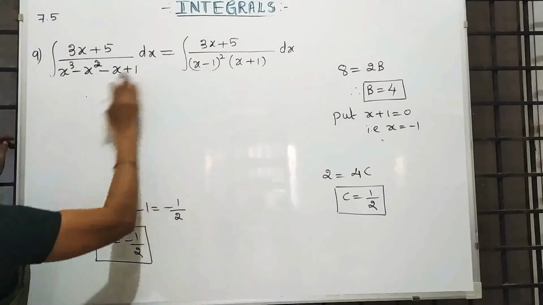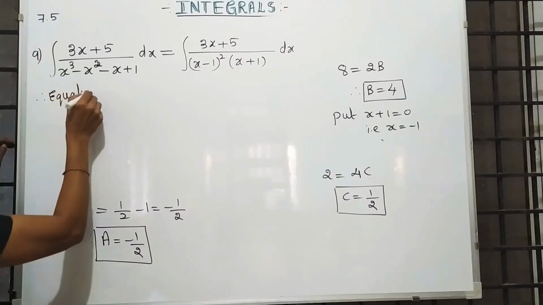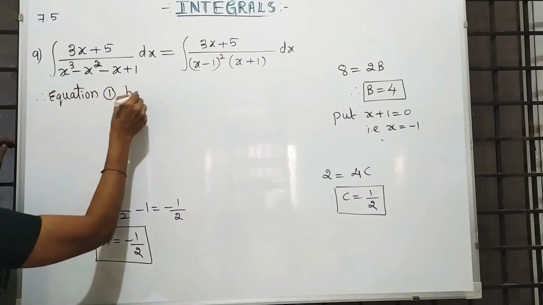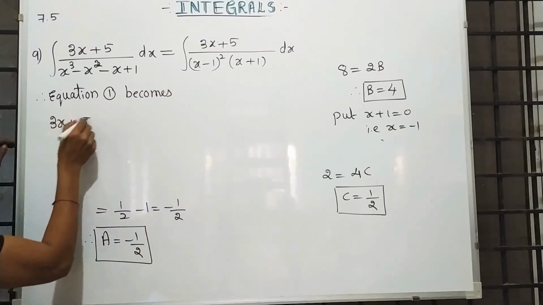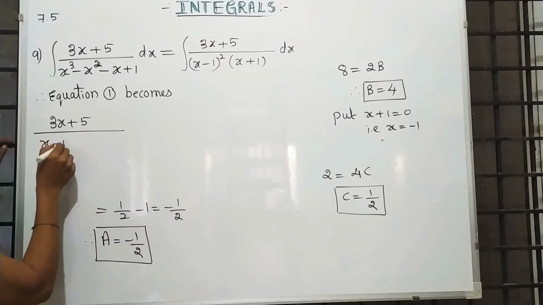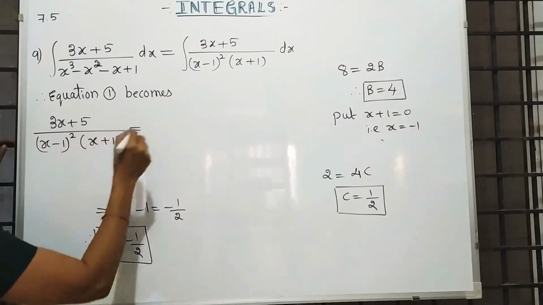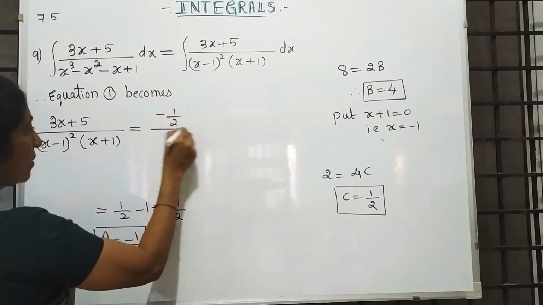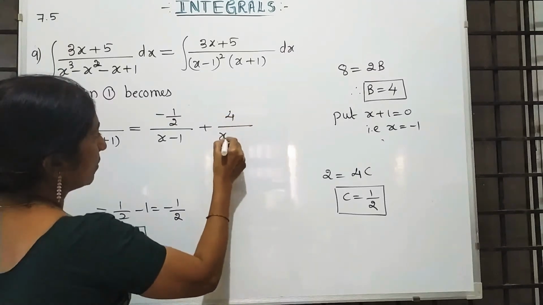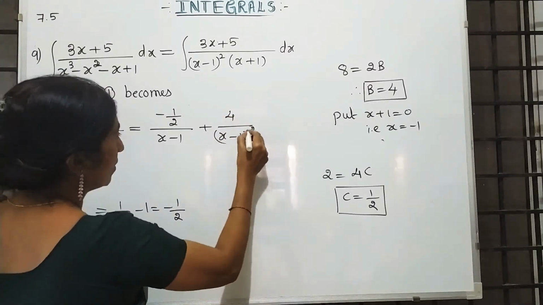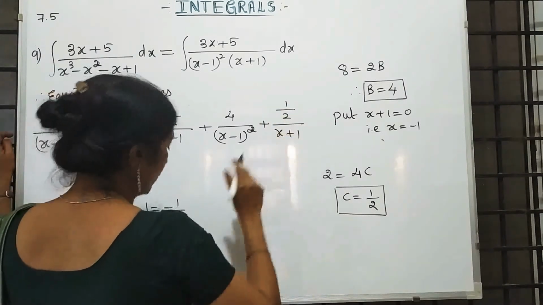Either write down this one or this one, anything. Therefore, equation 1 becomes (3x plus 5) upon (x minus 1) whole square into (x plus 1) is equal to a value, minus 1 by 2 into 1 upon (x minus 1), b is 4 upon (x minus 1) whole square, plus c is 1 by 2 into 1 upon (x plus 1).